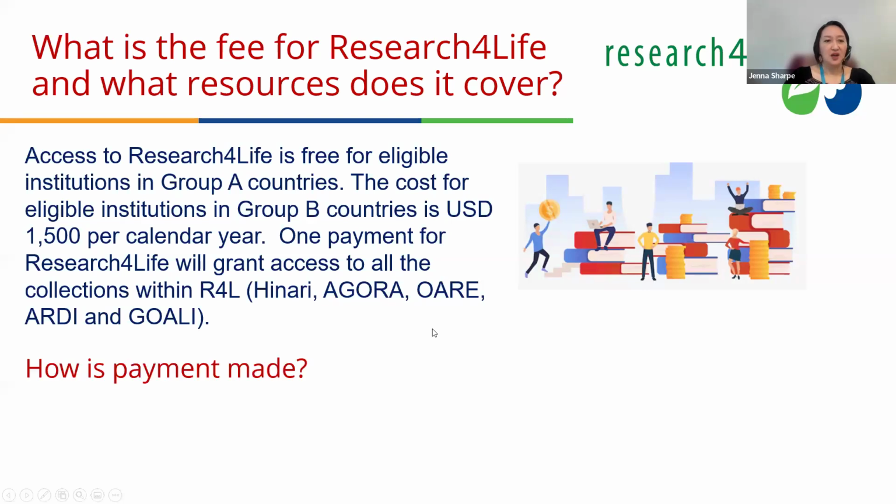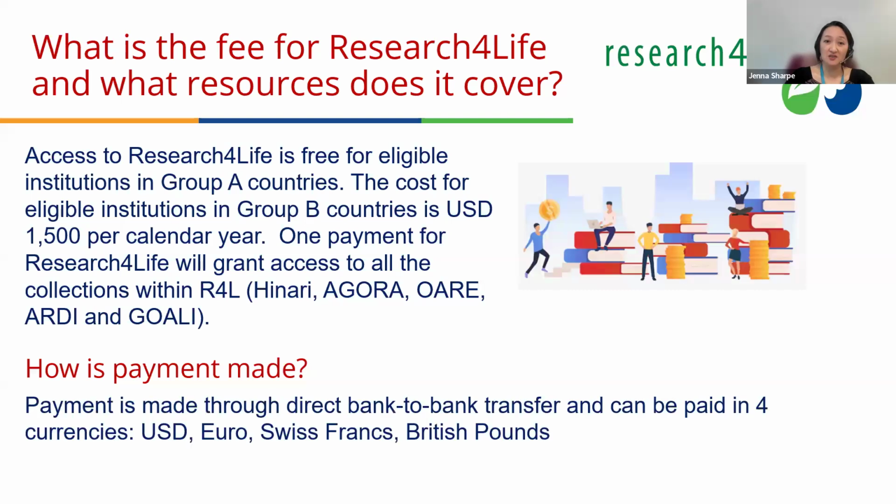Okay, so how can payment be made? Payment is made in 4 currencies, which are US dollar, euro, Swiss francs, and British pounds. This is what is accepted by our treasury in hard currencies.